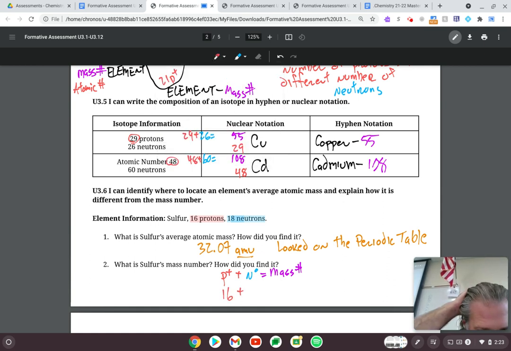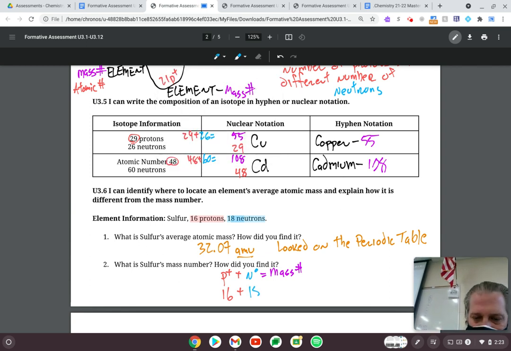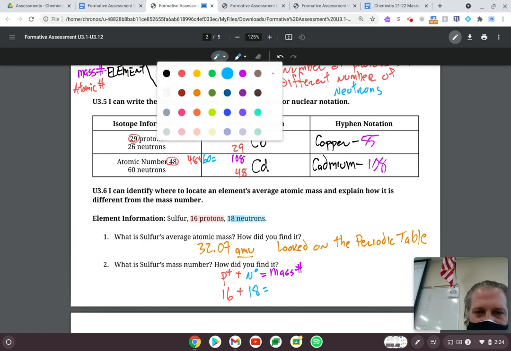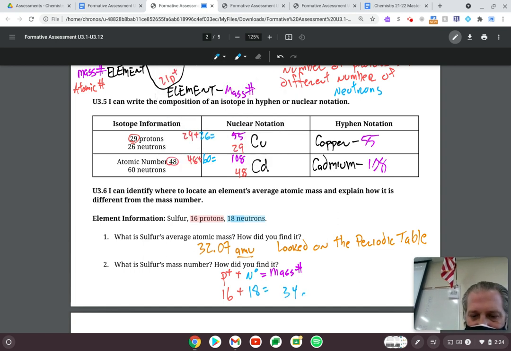And then the number of neutrons that I was given, which is 18. And that's going to give me my mass number, which is 34. And again, AMU. Note that I did that there, right? 34. Yeah. All right. So how are we doing here?